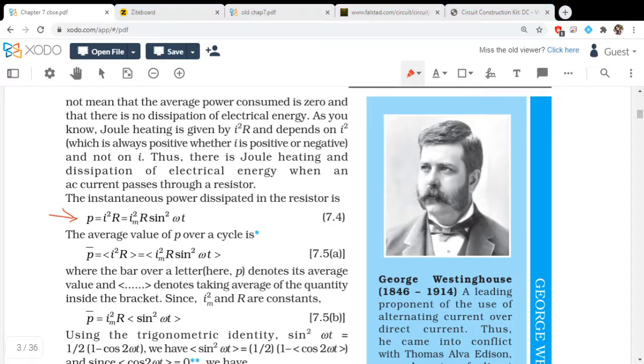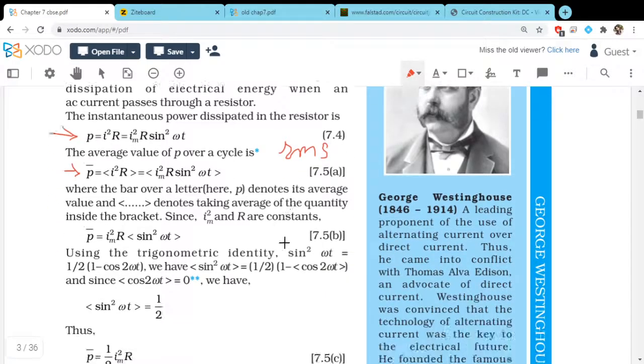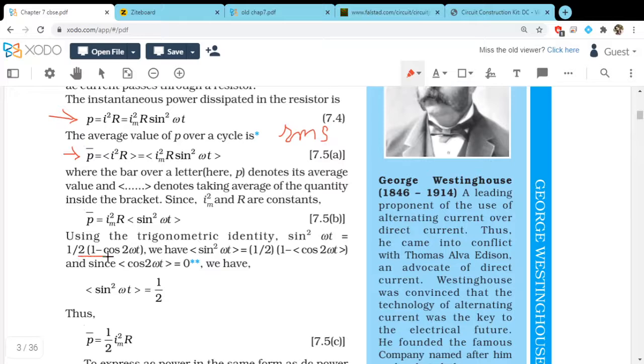So in the next video I will start from the beginning: how to calculate the average value, how to calculate the RMS value, and what all this is about in the case of AC. This requires some trigonometric identities and equations. Probably math students will get this, but for biology students it will be hard to understand.